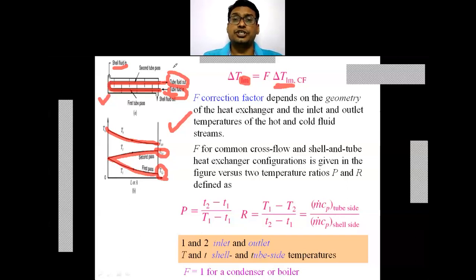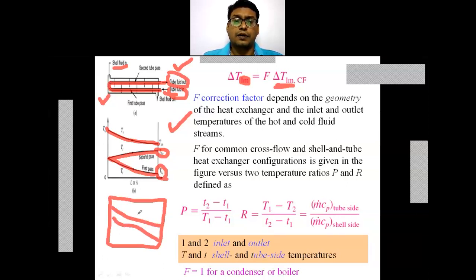In such situations, we will be plotting a graph in a counter current operation, where the hot fluid moves in this direction and the cold fluid moves in this direction, and we take the temperature gradients on this side and on this side.